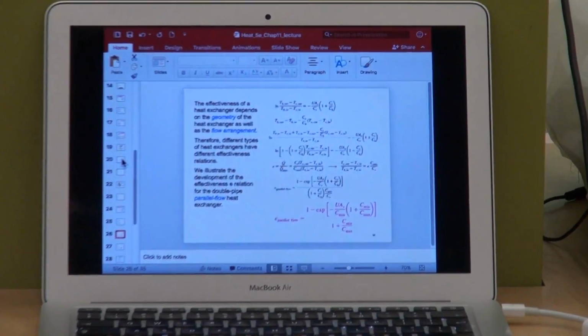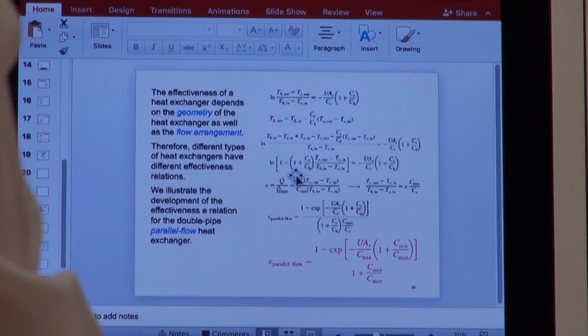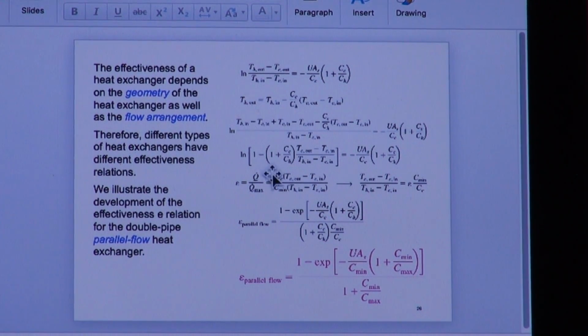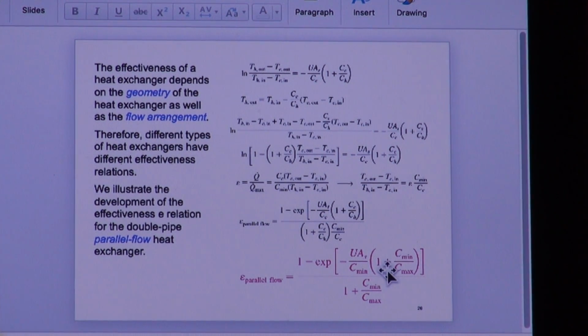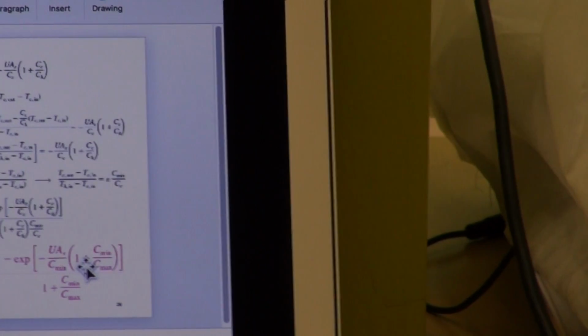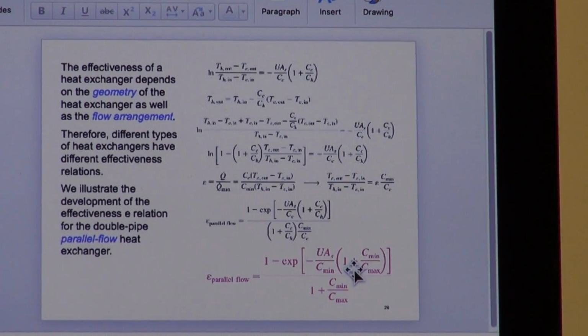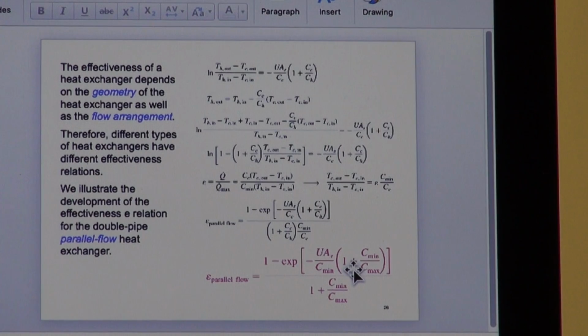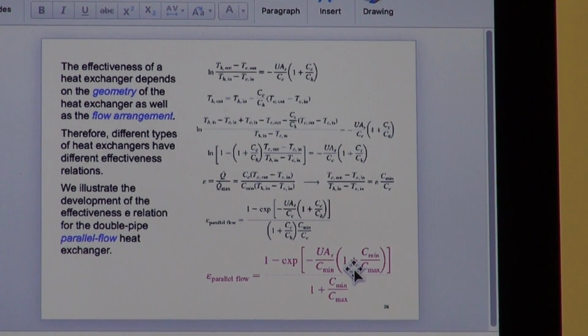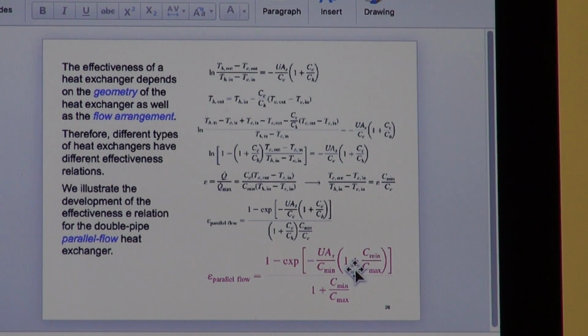If you go through the mathematics, you will see that some of these terms start to appear, and in terms of calculating the effectiveness, you end up with equations like that. Okay. So it starts with the equation of the LMTD. With the temperature differences, you will see a UA there, and then at the end, after this derivation, the typical equation of 1 minus the exponent of minus UA, surface area, over C minimum, multiplied by 1 plus C minimum divided by C max, divided by 1 plus C minimum divided by C max.